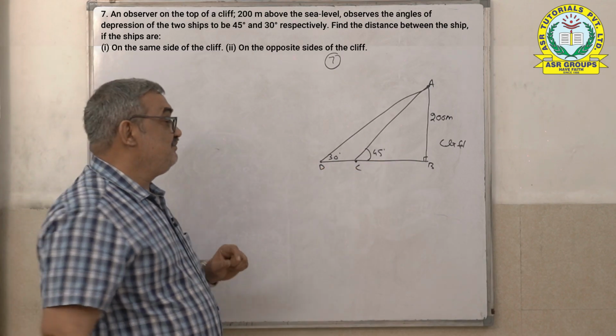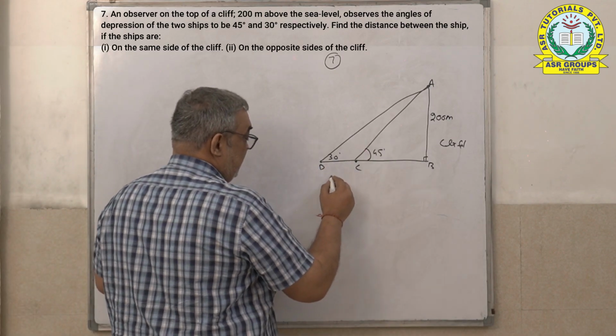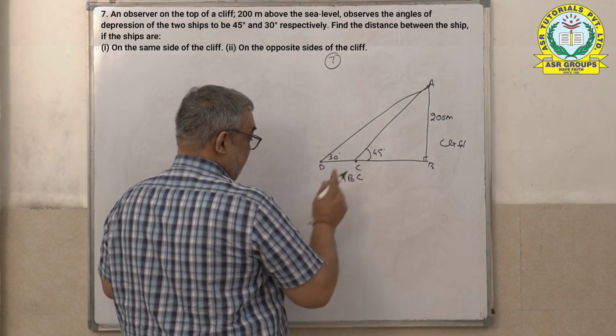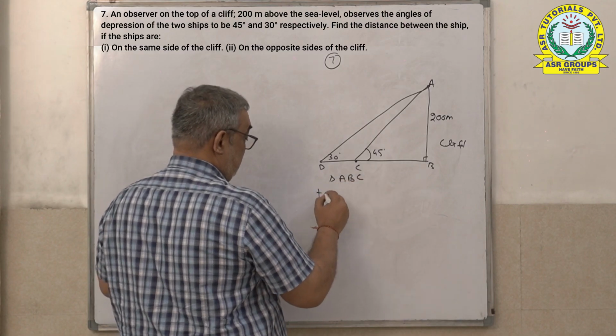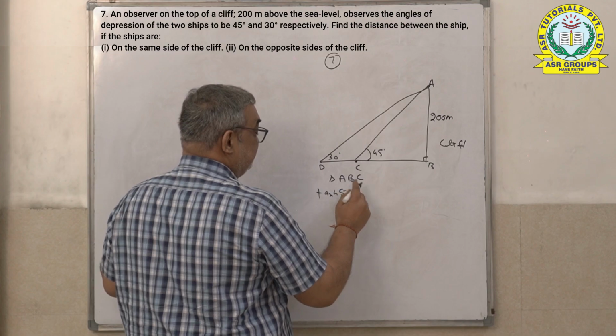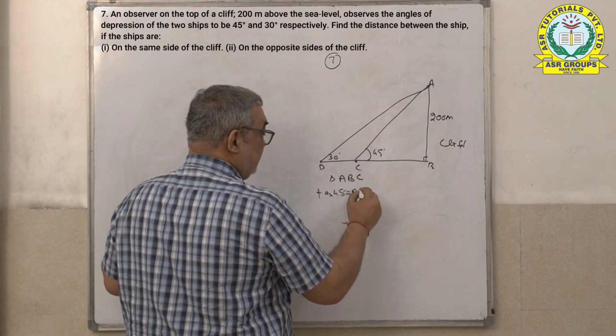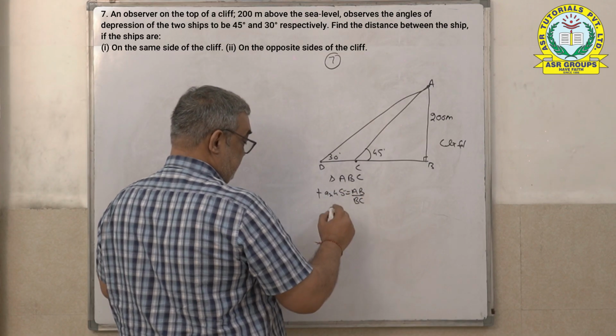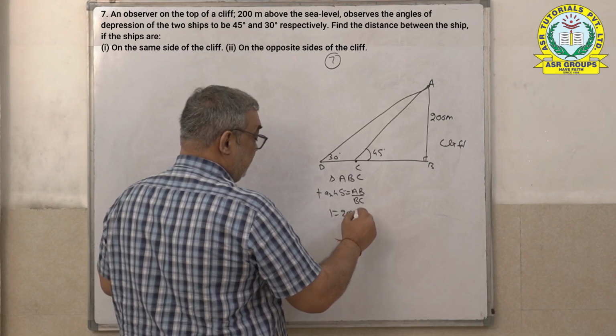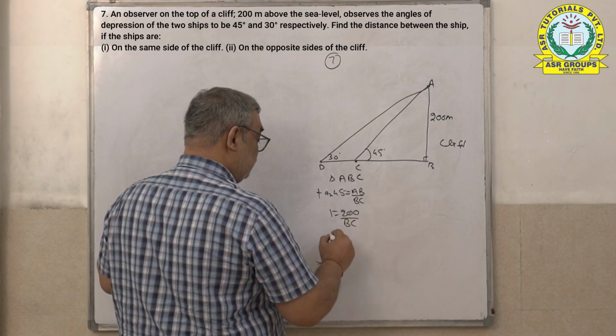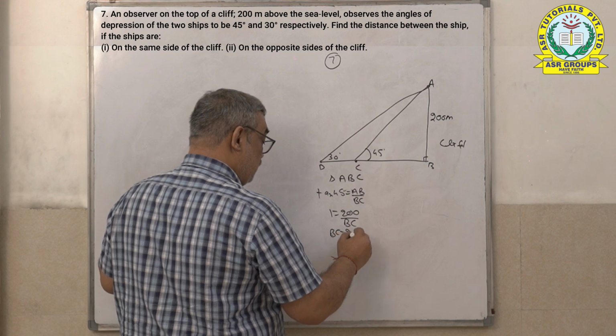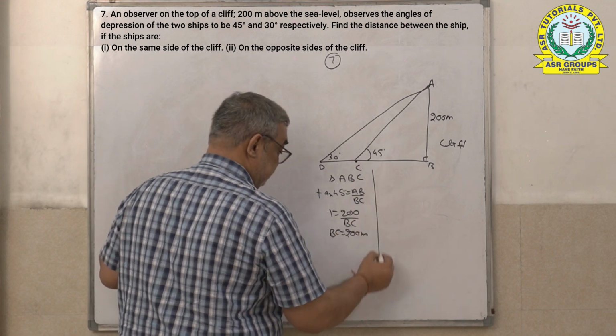Got it? So first I'll use triangle ABC. Tan 45 is AB upon BC. AB is 200, so BC equals 200 meter.